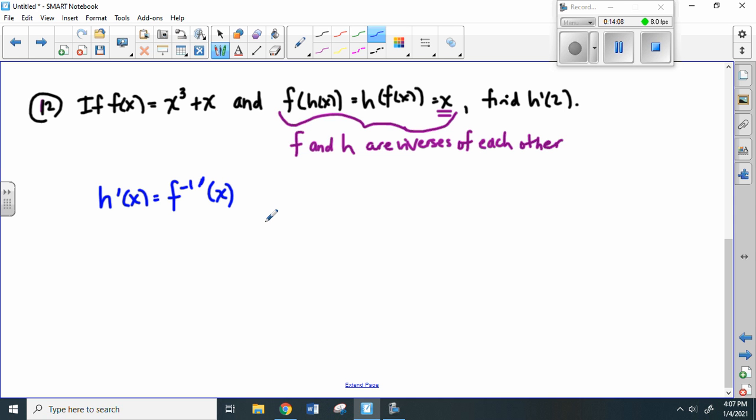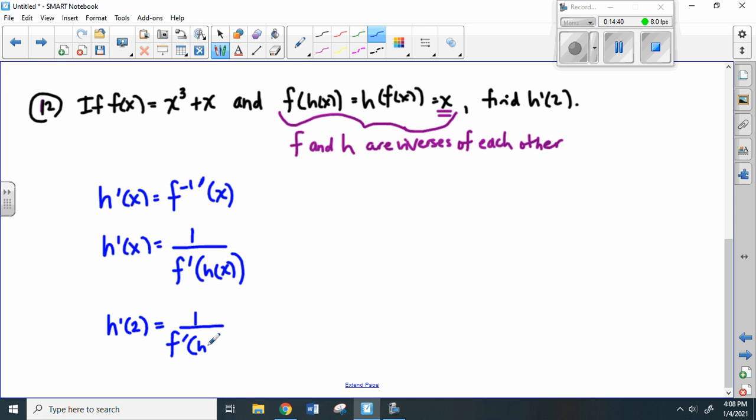Okay, and if you go back, you can go through the whole process if you want, but you don't have to if you learn the definition. It's equal to 1 over f prime of the inverse function. Okay, so if I want h prime of 2, then I need 1 over f prime of h of 2.